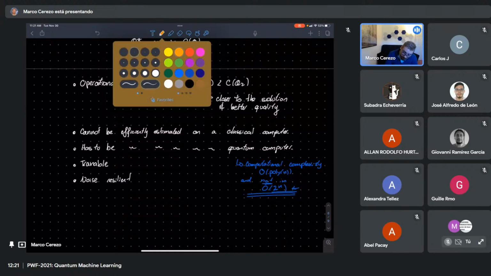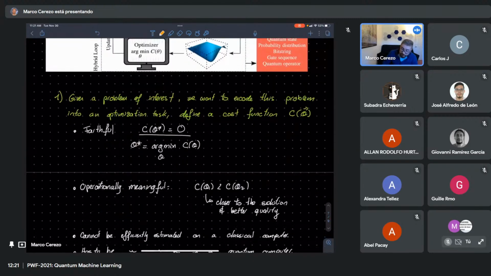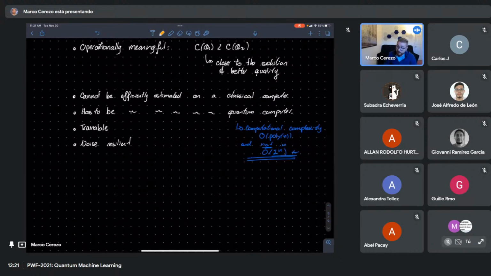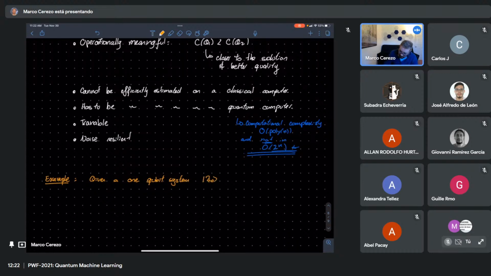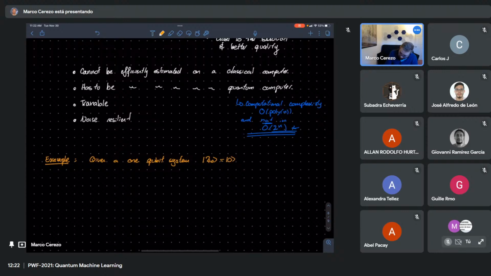So to run people through this series of steps that we're going to be giving for a quantum algorithm, and this is going to be related to the first exercise in the Python code, let's give an example. My example is very simple. Given a 1-qubit system that is initialized in a state psi 0, it could be the 0 state if you want, maybe it doesn't necessarily have to be.